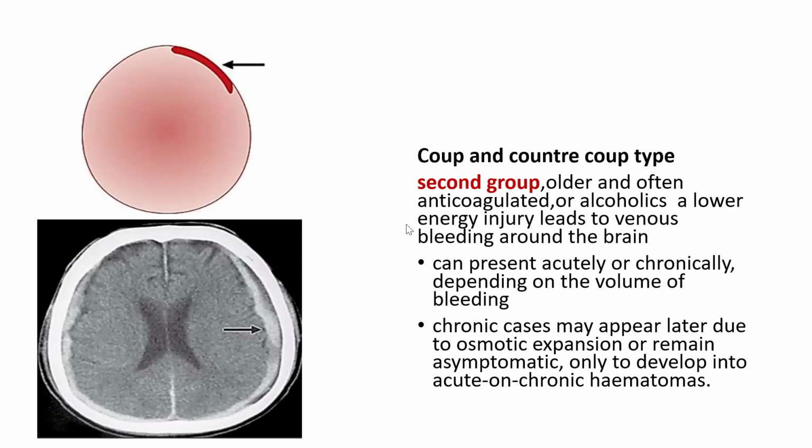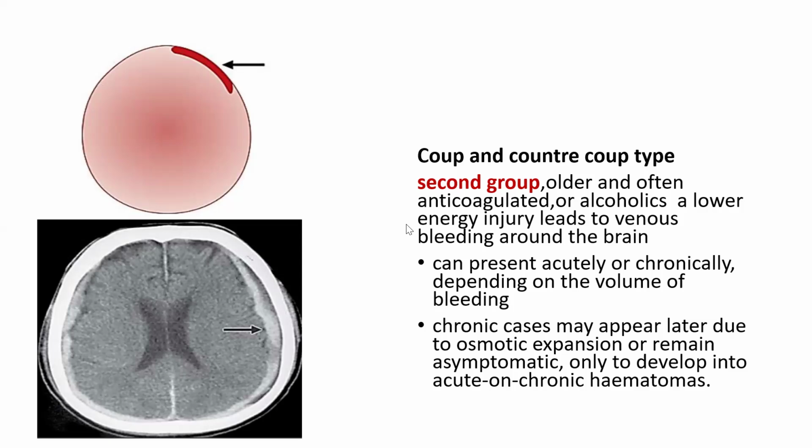But the chronic one, initially there is fresh bleeding which forms the clot, but after the initial bleeding, the clot within the subdural space begins to do what? To break down.